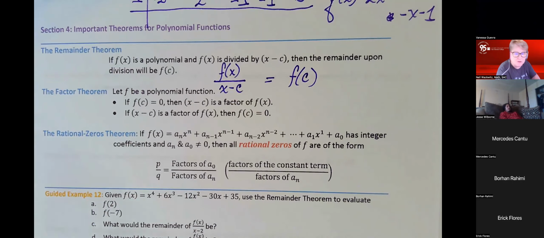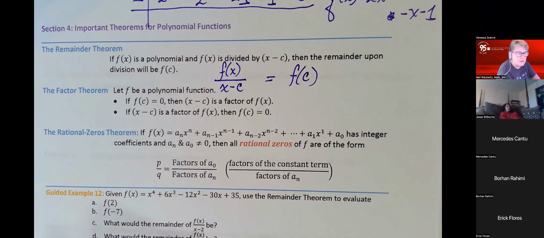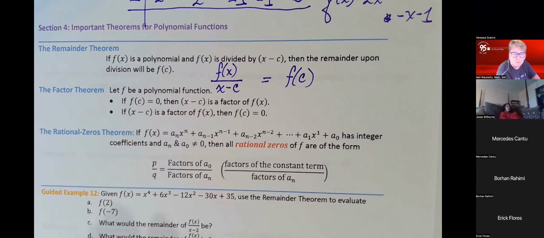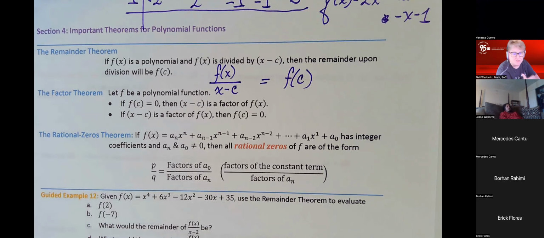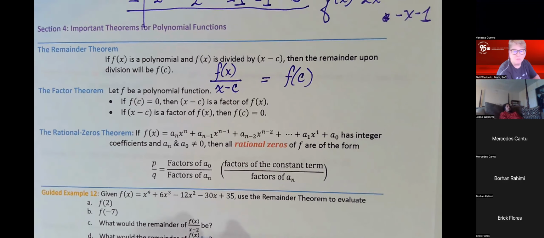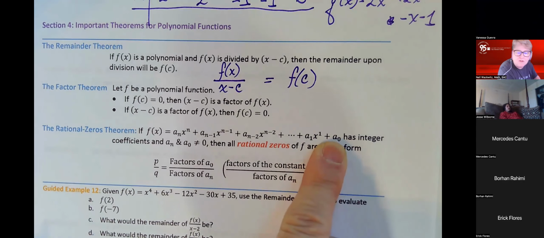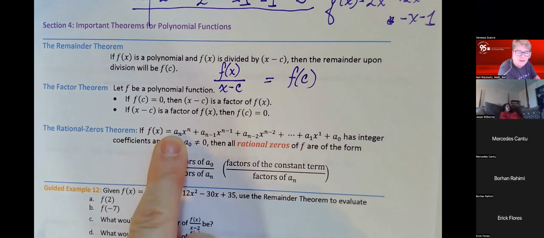And then the last one is the most useful one, the rational zeros. So the only possible rational numbers, fractions or integers, that can divide a polynomial are the quotients of the constant term divided by the leading coefficient.